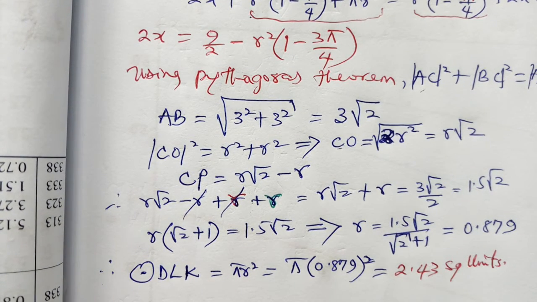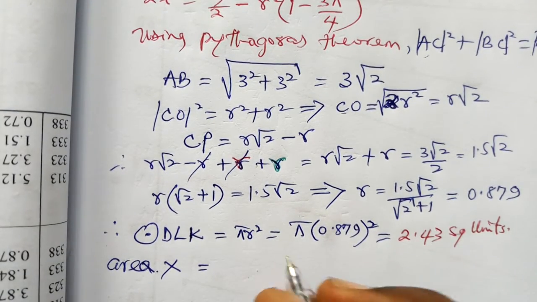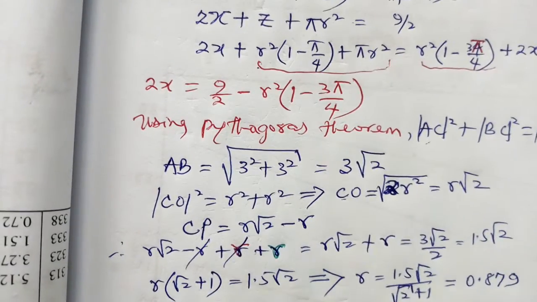For the area x, what we will now do is to use this equation. So we'll now say that 2x is 9 over 2 minus r squared, here 0.879 squared, into 1 minus 3 pi over 4. You get the answer.